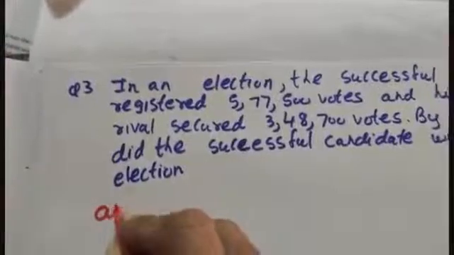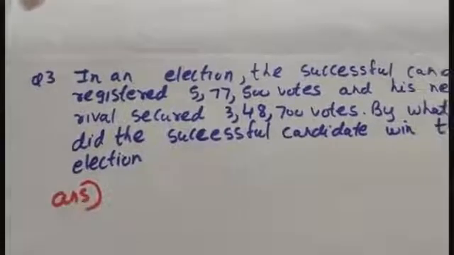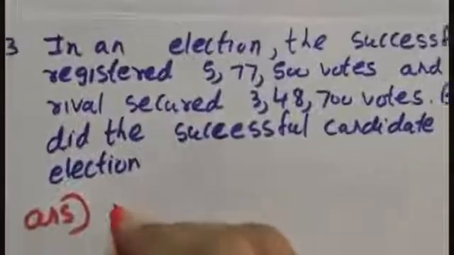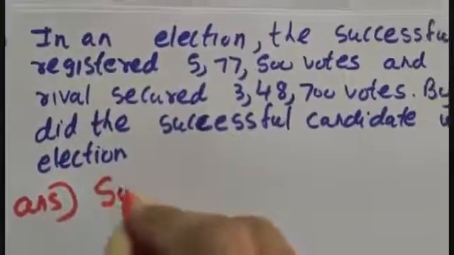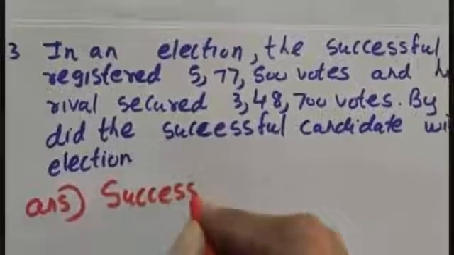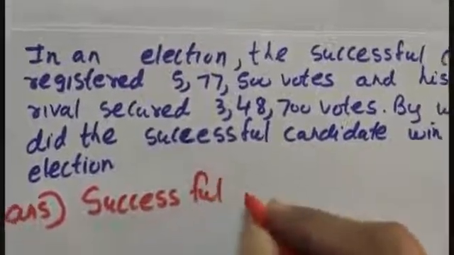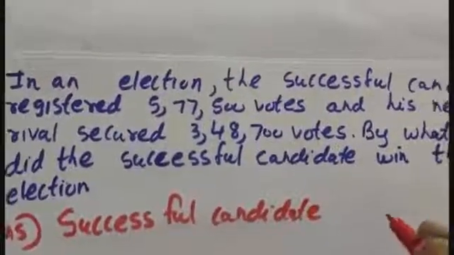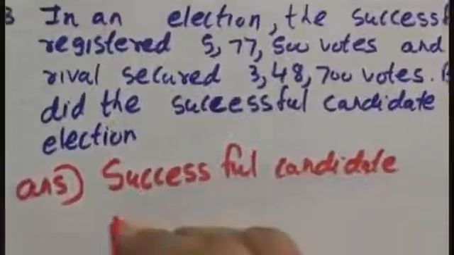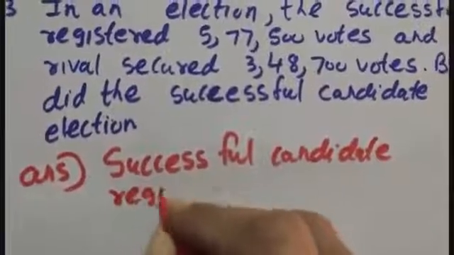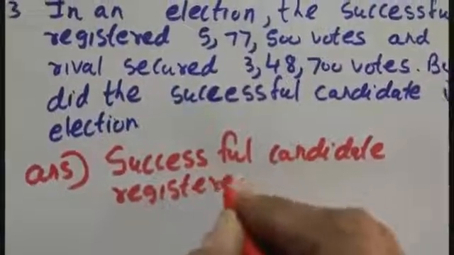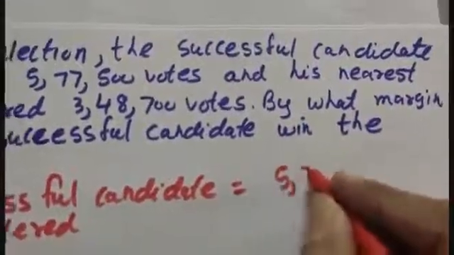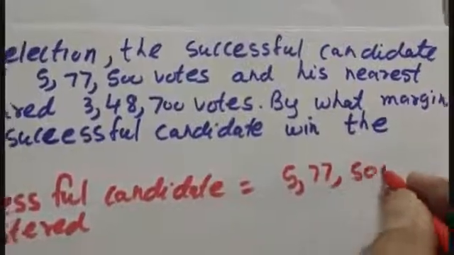So, first of all, we will write the statement. Successful candidate registered how many votes? 577,500.